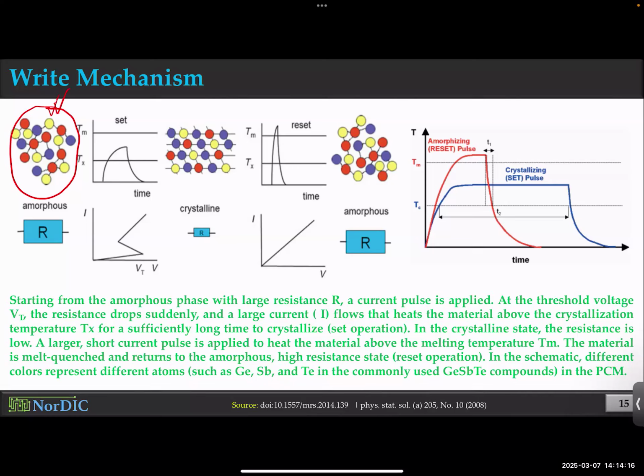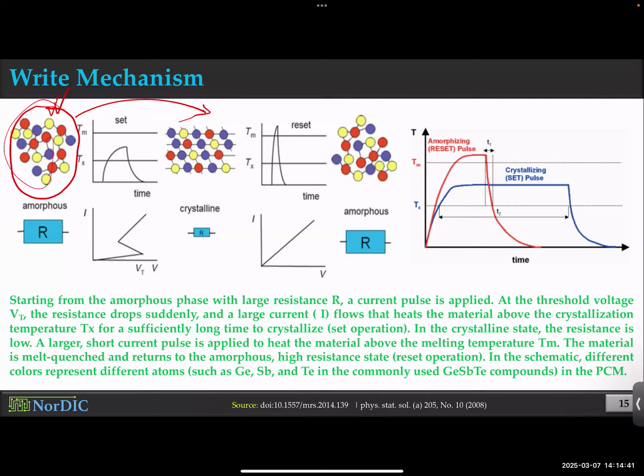What do you think it looks like? Basically, it's all over the place. There is no structure. So it's amorphous. So you're going from amorphous to crystalline. What you have to do is you basically have to melt it down to organize it. Right? You first have to break it to make it, essentially. So just melt down the amorphous material, which is in high resistance state, and then let it settle down slowly.